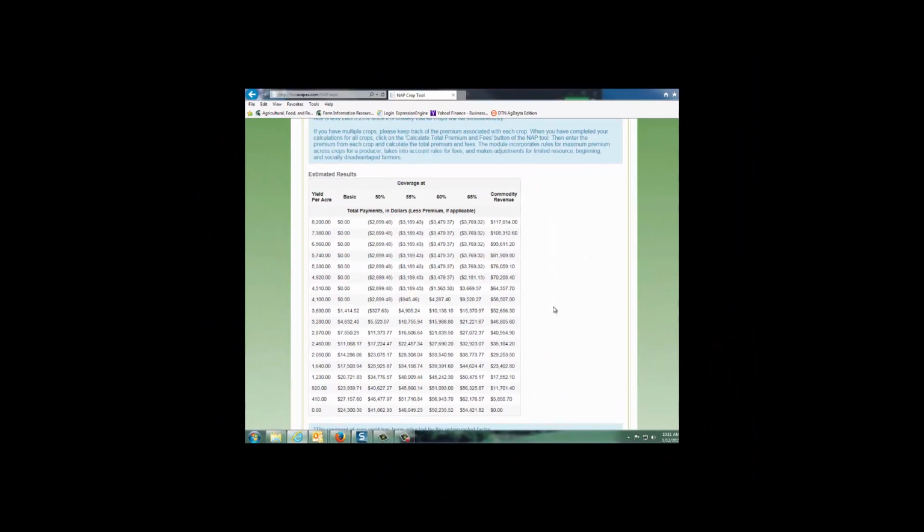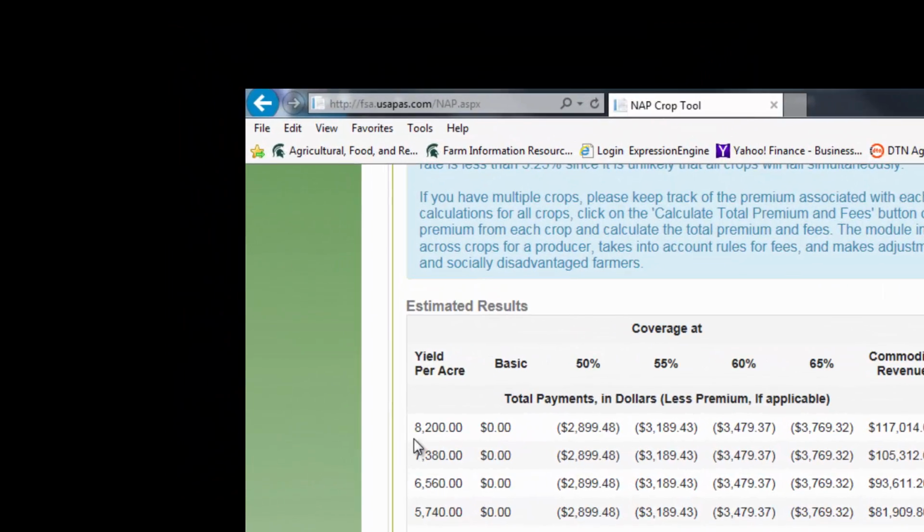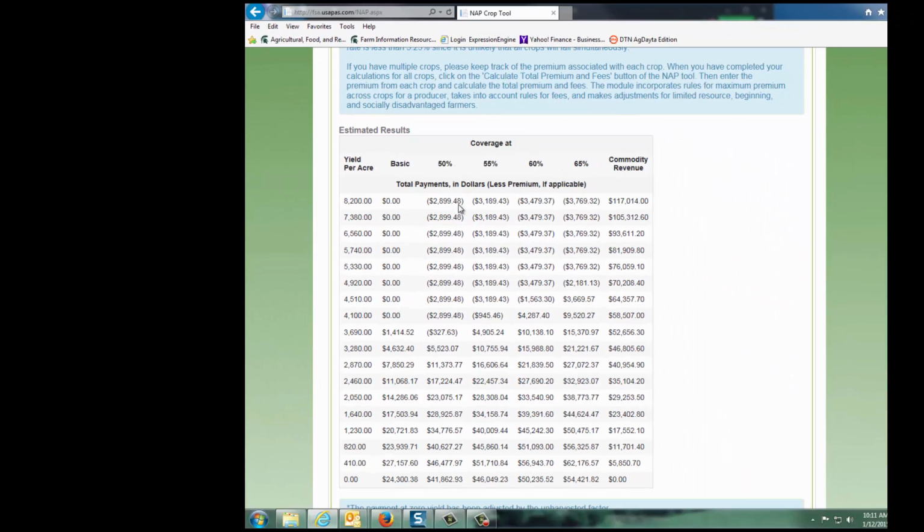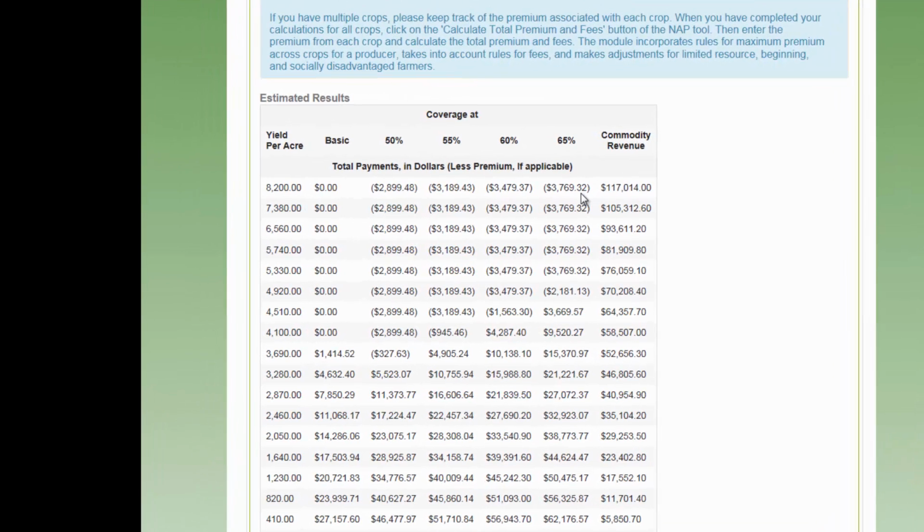You come down here for the estimated results. As you can see, if you get your 8,200 or above, these numbers here correspond to your premiums above because you don't gain anything and you have those costs. This is the commodity revenue if it was worth the 29 cents a pound.